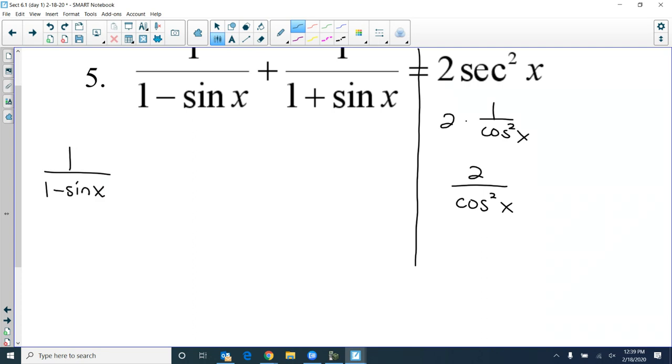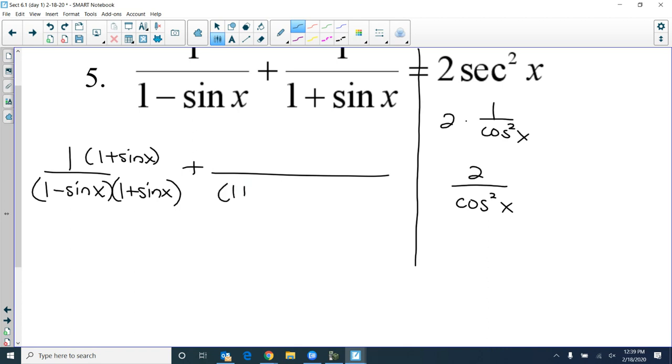What do I have to multiply this one by? I'm going to multiply it by 1 plus sine of x, which means I need to multiply the top by 1 plus sine of x. And what do I need to do to the denominator? It needs to be multiplied by 1 minus sine of x. And then I got 1 times 1 minus sine of x.